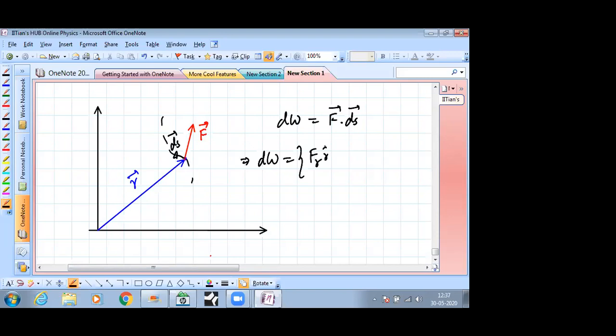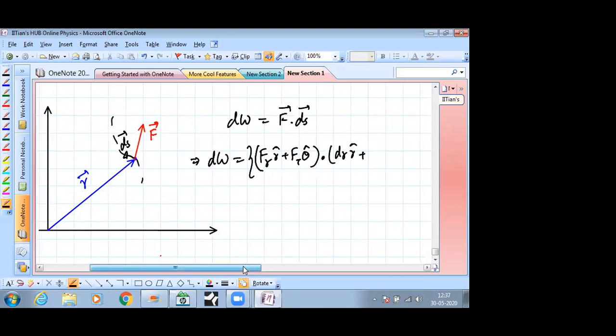So it is Fr r cap plus F tangential theta cap, dot product with ds that we just saw. You have to write it in this form, where you can see this is the force's radial component, and along this direction the force's tangential component.